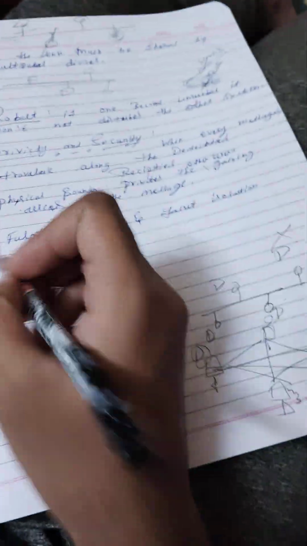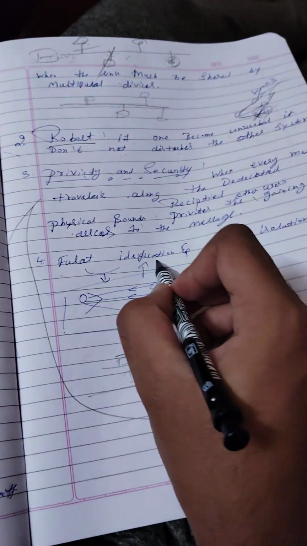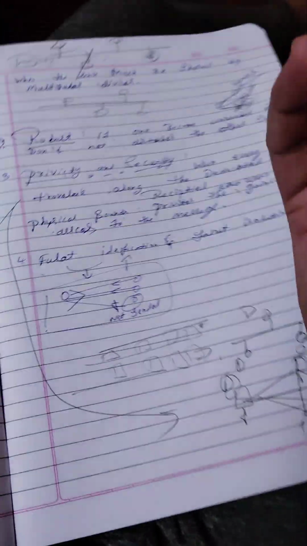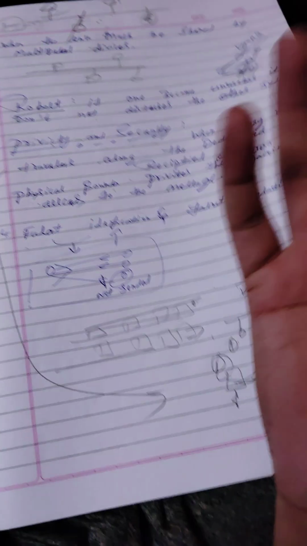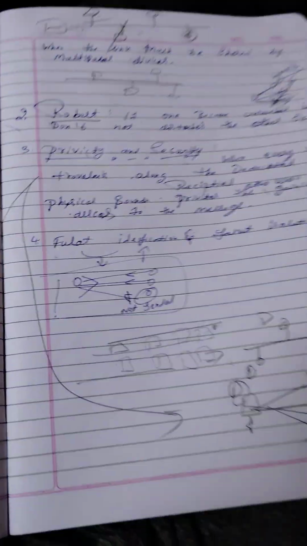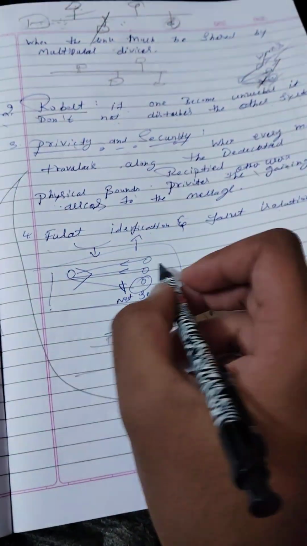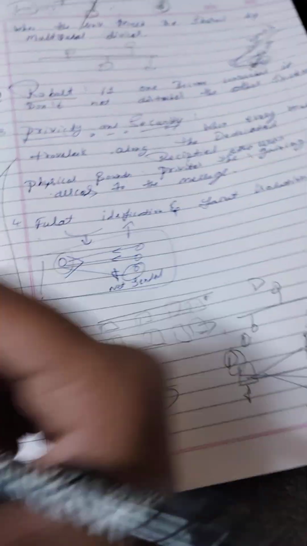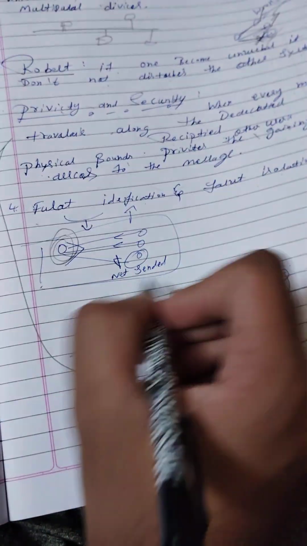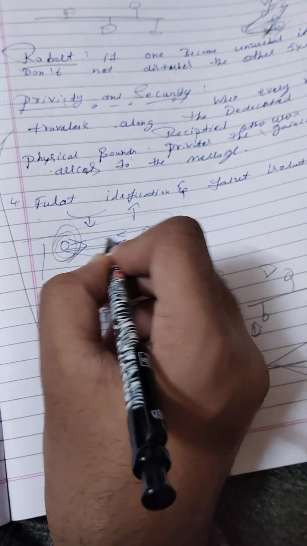Let's talk about another point: fault identification and fault isolation. This is a simple fault. If there is any fault, it will try to resolve it. See here, this is a main computer sending a message to 3 computers. It will share the data.